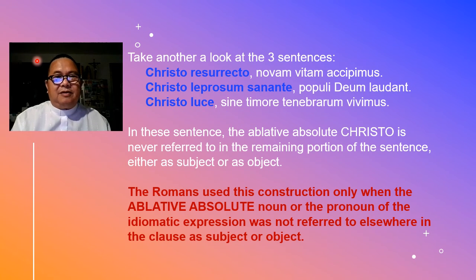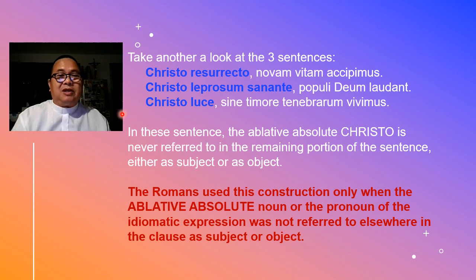So, let us go back to the three examples that I have given you. Christo resurrecto, novum vitam accipimus. The second one, Christo leprosum sanante, populi Deum laudant. And the third one, Christo luce sine timore tenebrarum vivimus. In these three sentences, the ablative absolute, of course, is Christo.